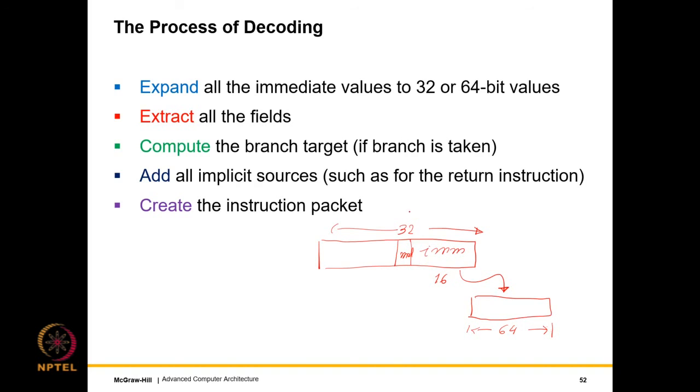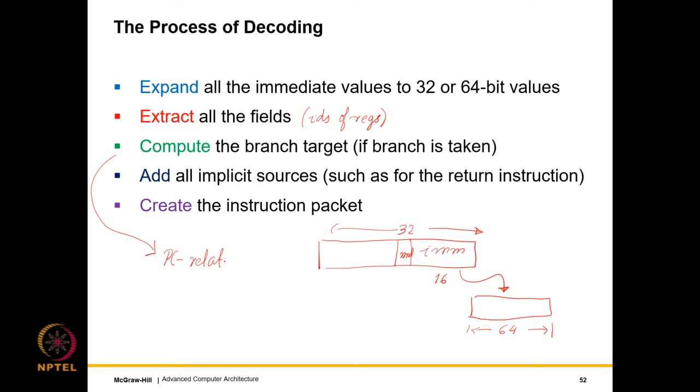inside the processor. The rest of the fields, which are the IDs of the source and destination registers, all of these fields are extracted. So we can see these are the IDs of registers, can be source, can be destination. Furthermore, the branch target is also stored within the instruction if it's a branch. So most of the time for the branch targets, we are actually looking at what are called PC relative branches.